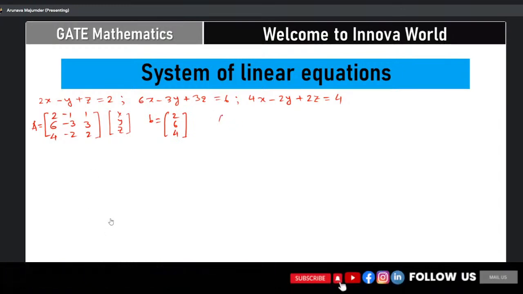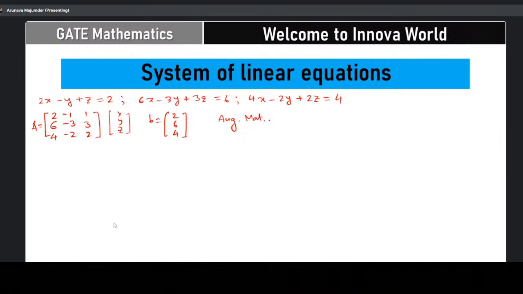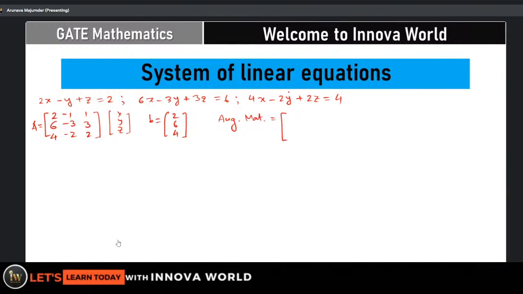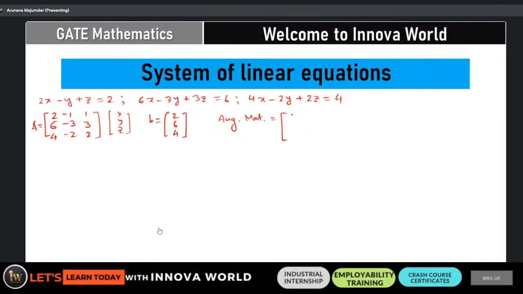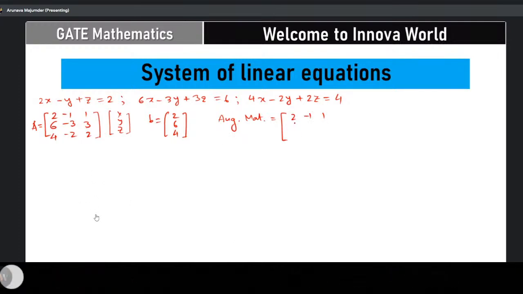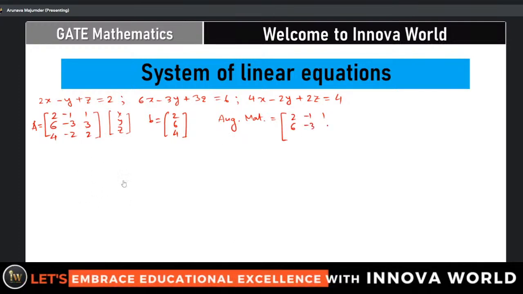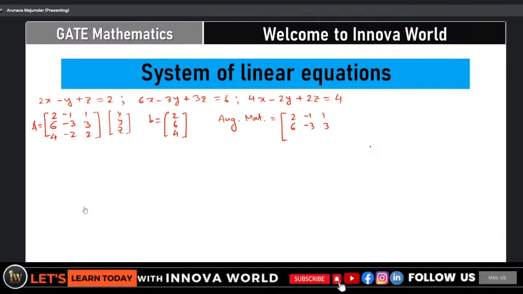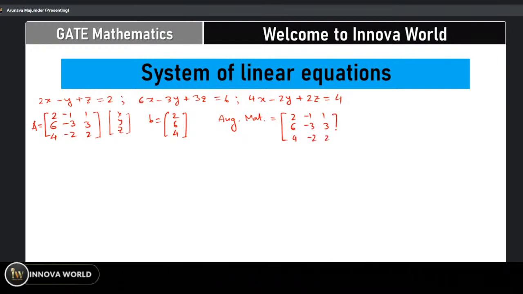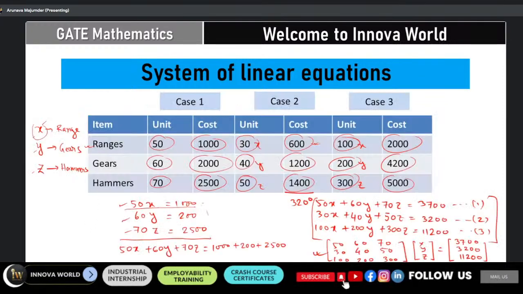Now, what is the augmented matrix? The augmented matrix here is A and B together. So the A matrix is 2 minus 1 1, 6 minus 3 3, 4 minus 2 2.